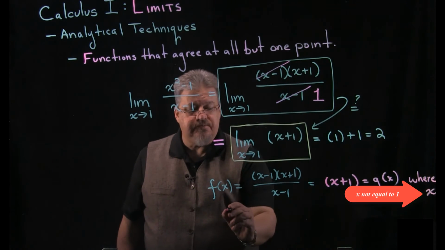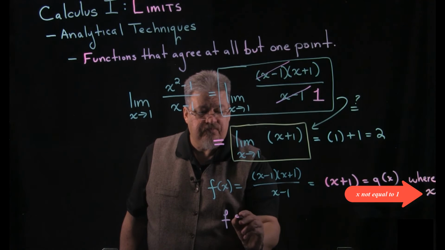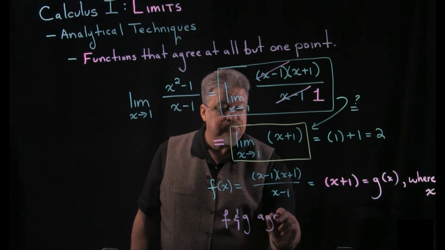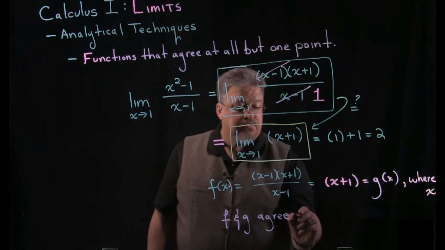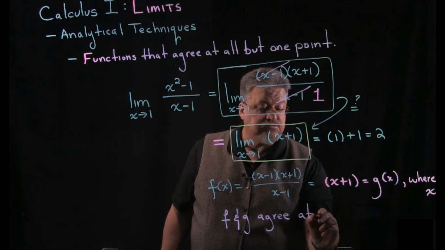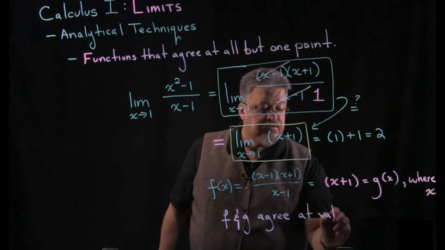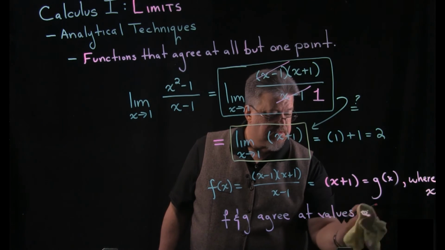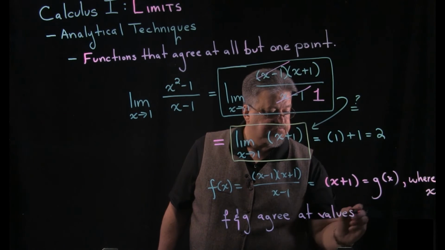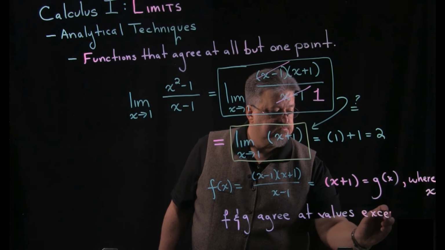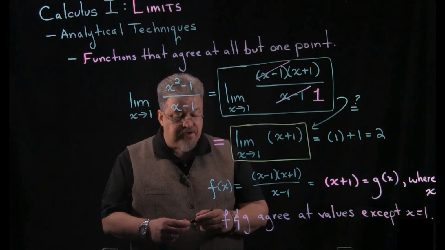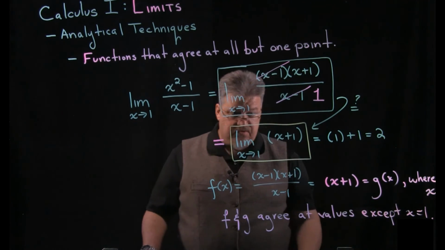So in other words, f and g agree, i.e. they're equal, at all values except x equal 1. In other words, they agree at all but one point, namely x equal 1.